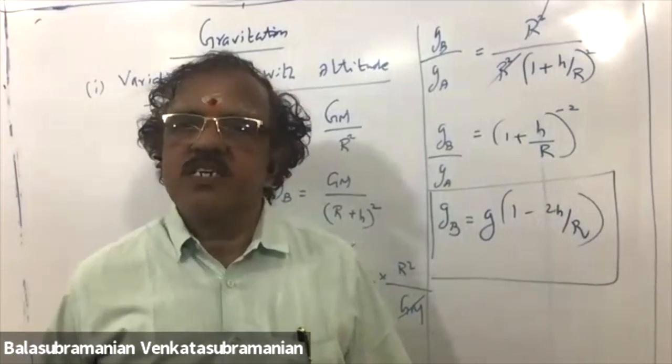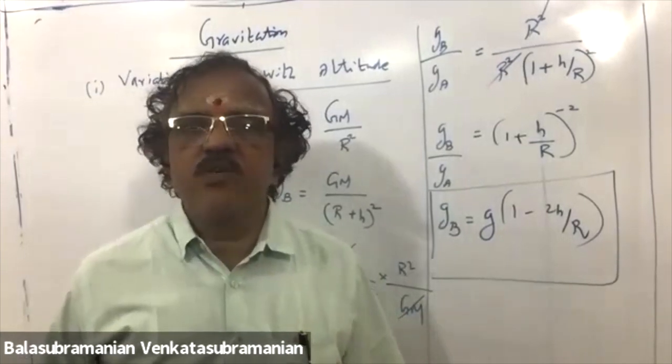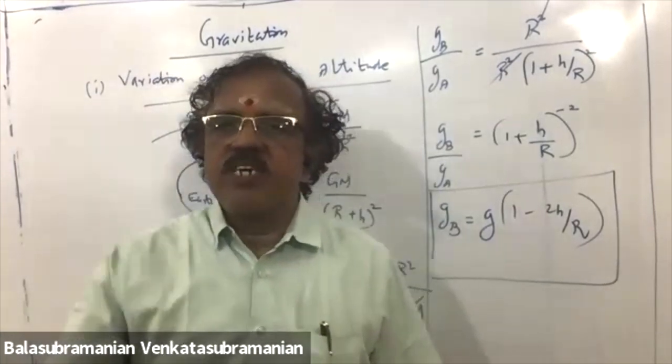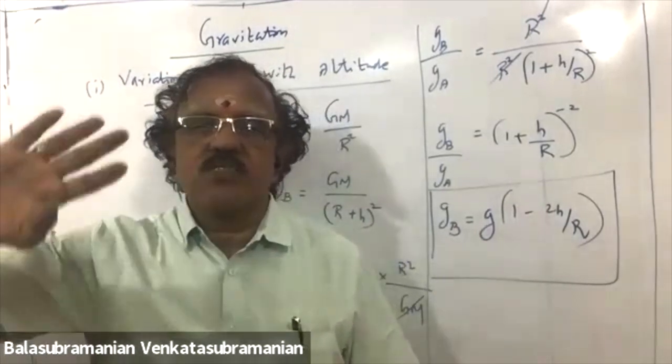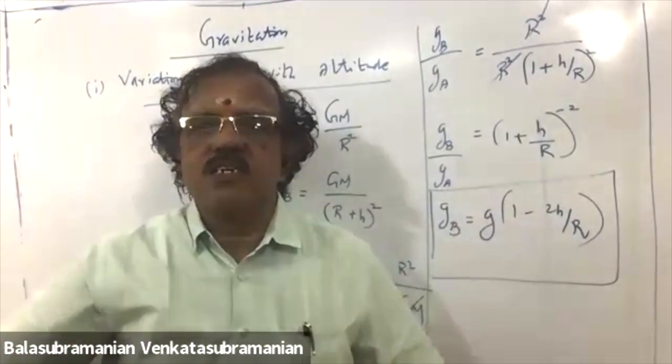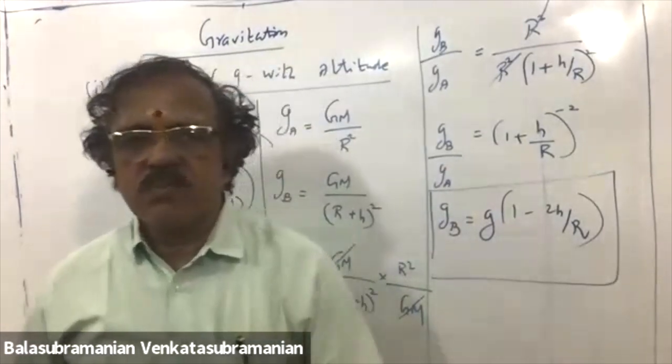It is not constant, it changes only at very high altitude, of course. 10 meters, 15 meters, 1 meter, 100 meters, no problem. Beyond that there is a change. The change is small, but there is a change.